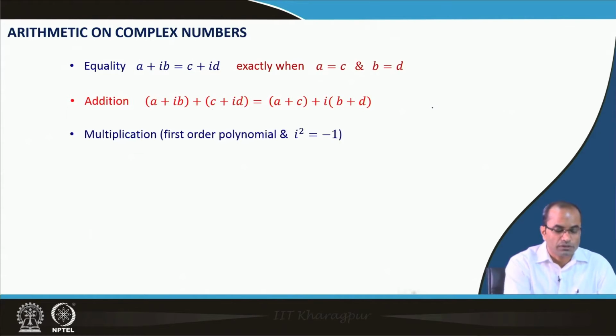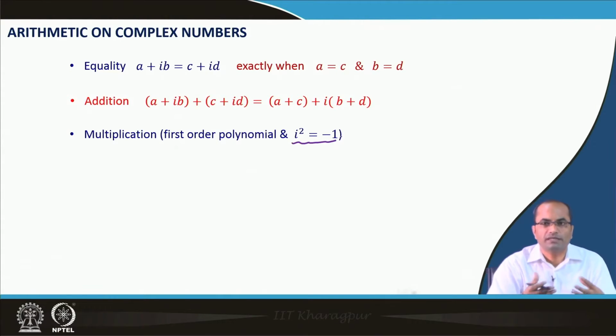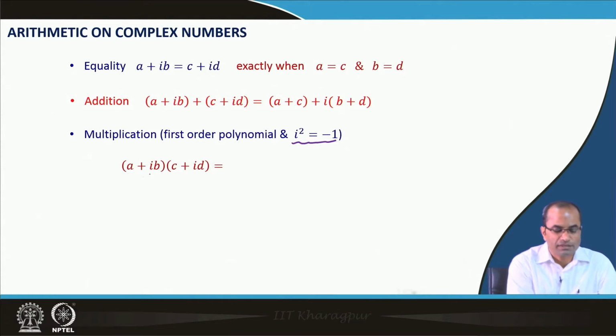Coming to the multiplication, we have to just consider that i square is equal to minus 1, and we go with the product as we do for polynomials. That means a plus i b and c plus i d, if we want to multiply, we do the usual multiplication as in the case of polynomials.